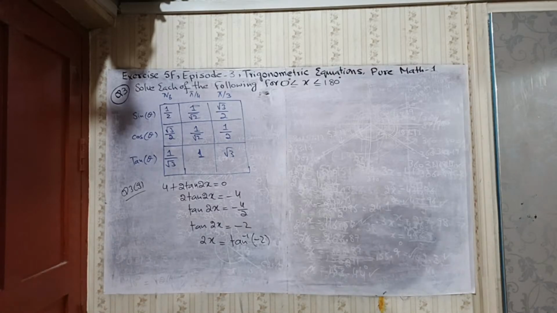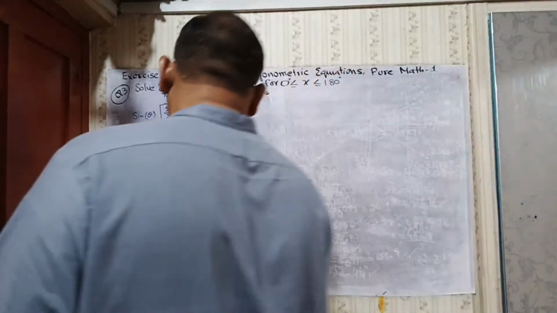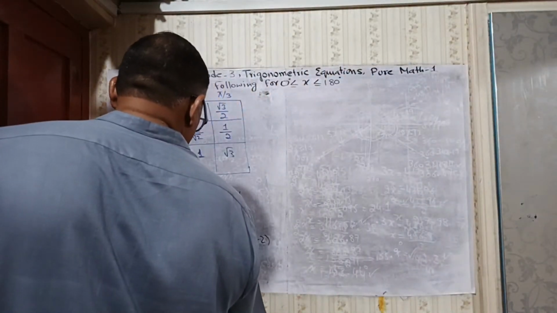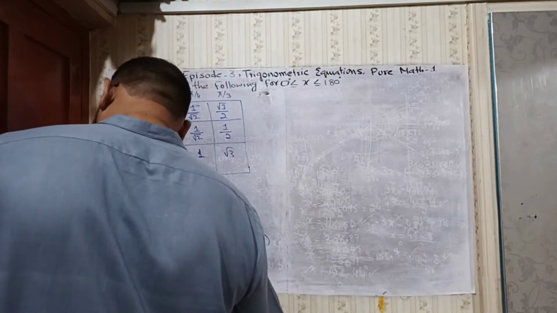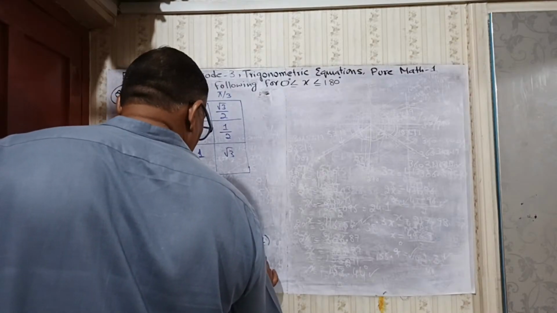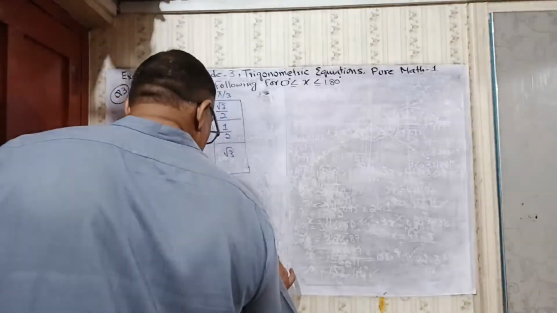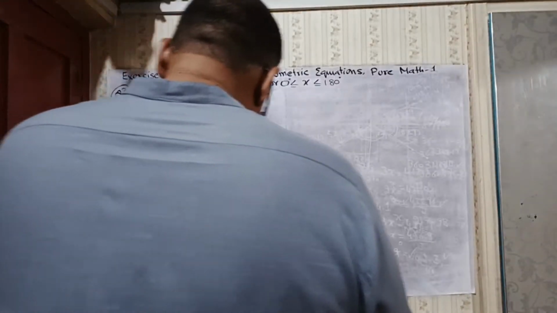Shift tan, bracket start, minus 2, bracket close, equals, it is minus 63.43. So my 2x is equal to minus 63.43.